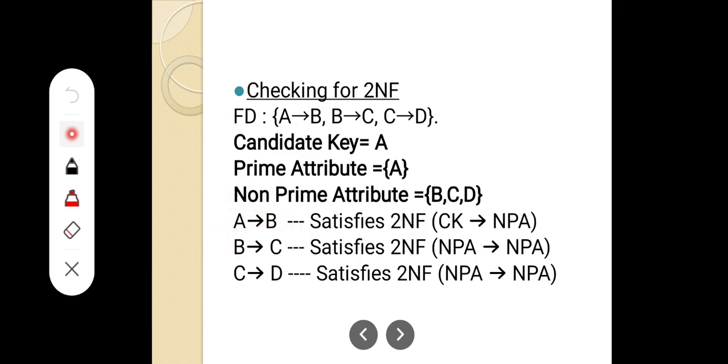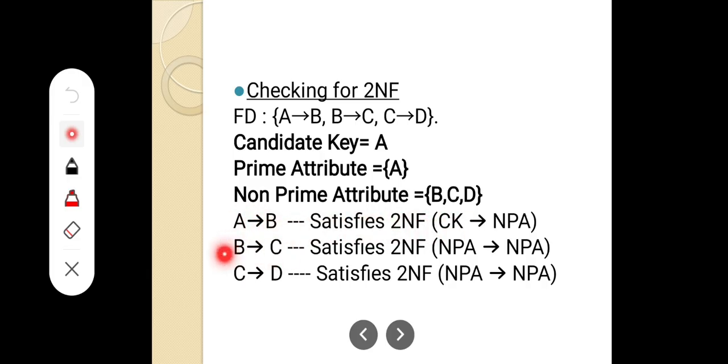What does the second normal form say? If a subset of the candidate key is determining something, that violates 2NF. Here A is not a subset of the candidate key; A is the candidate key itself. So A determines B, no issue. It satisfies 2NF.